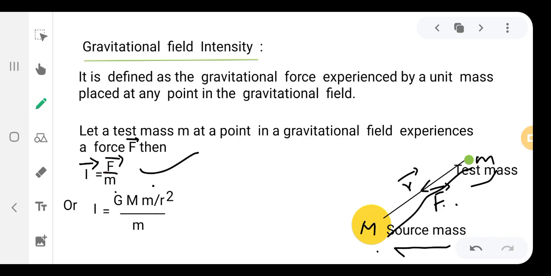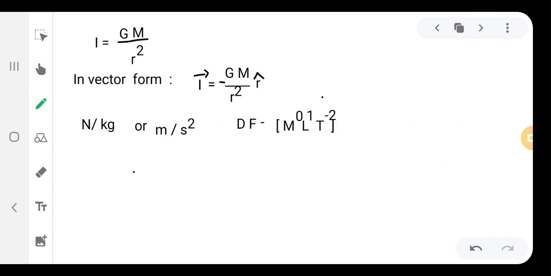So we substitute for F from the gravitational force, that is I equals G M m by r square divided by m. Therefore small m and small m get cancelled, so I equals G M by r square.